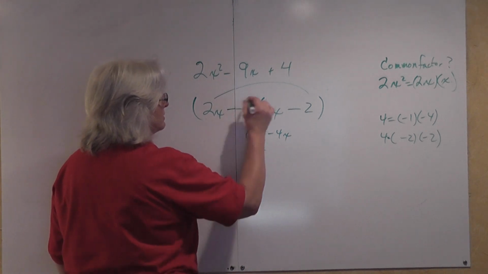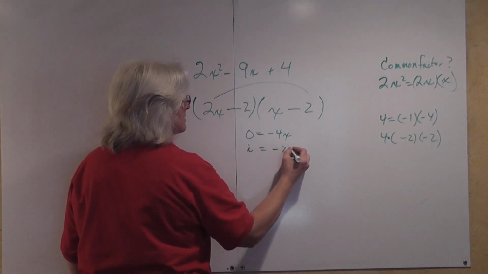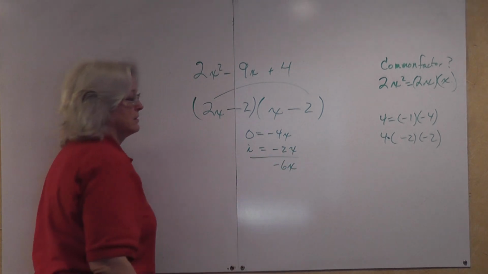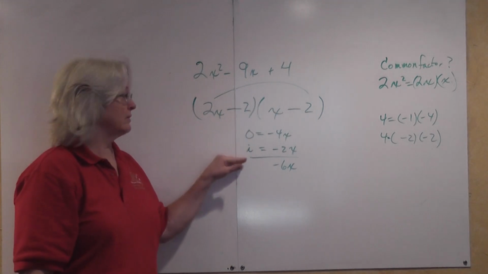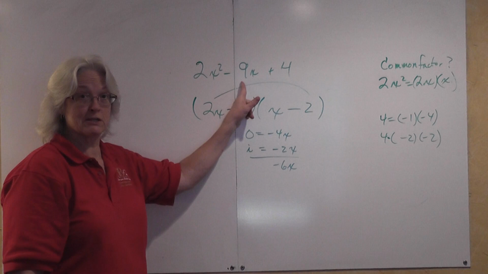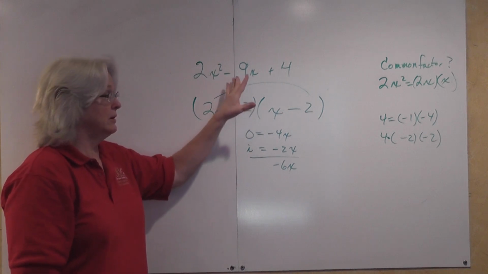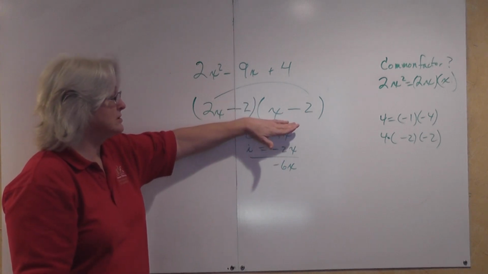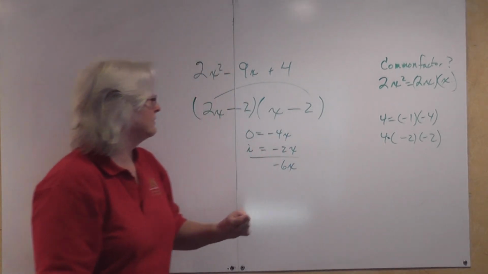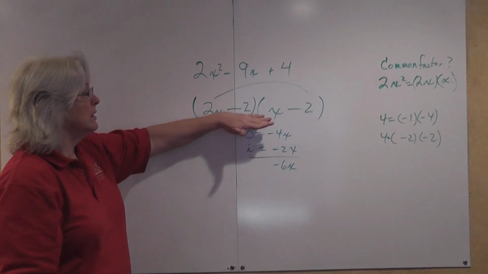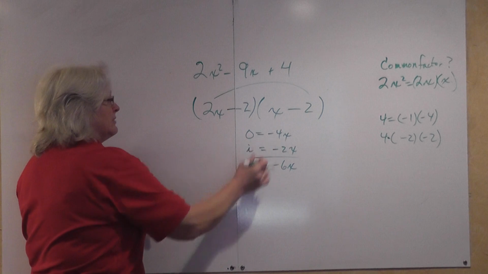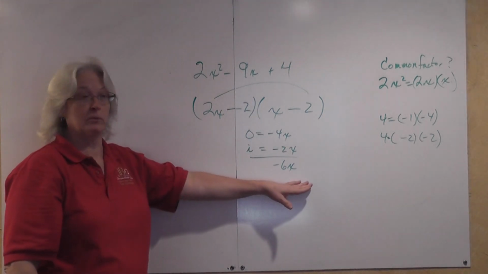Our inner product is -2 times x, -2x. The sum of our outer and our inner product is a -6x. Do we have a -6x up here? Well, no. We don't. So this arrangement of factors, while it's true that -2 times -2 gives us a +4, when we plug those factors into these two binomials, we don't get the right trinomial.